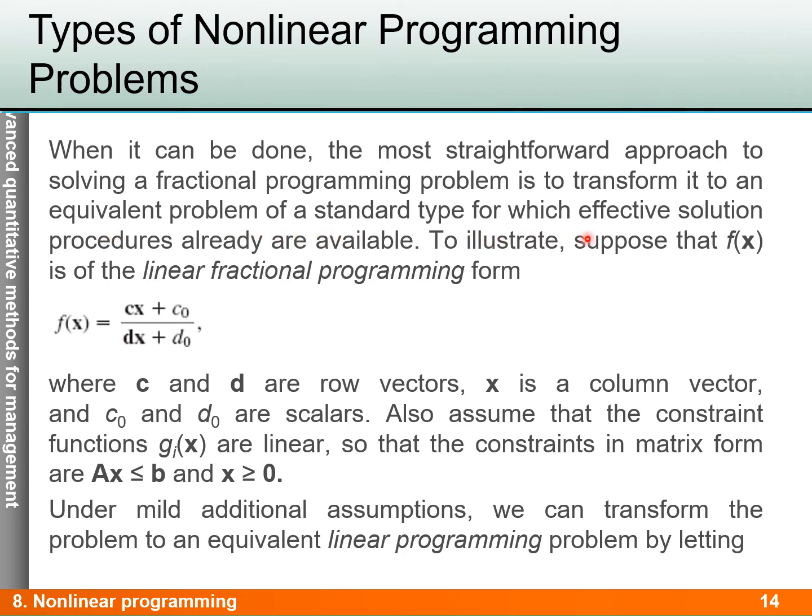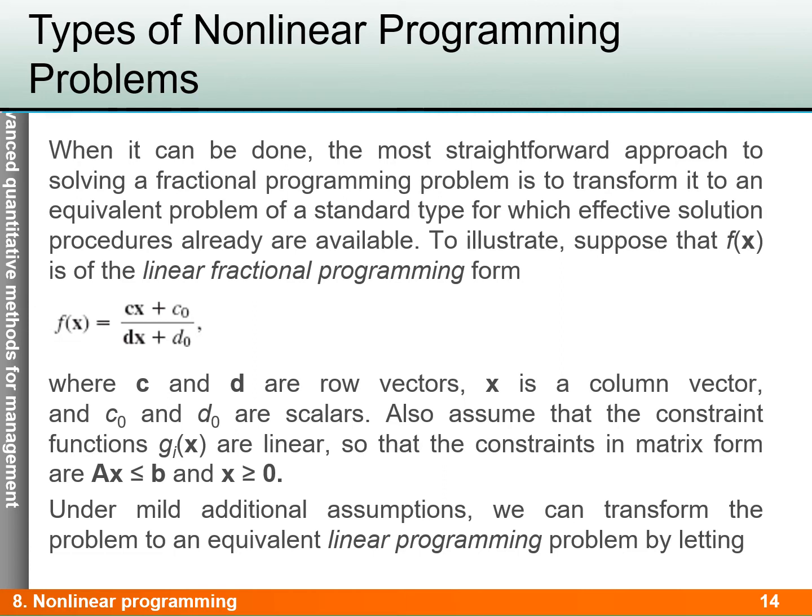To illustrate, suppose f(x) is a linear fractional programming problem, that is (cx plus c0) divided by (dx plus d0), where c and d are row vectors, x is a column vector, and c0 and d0 are scalars.